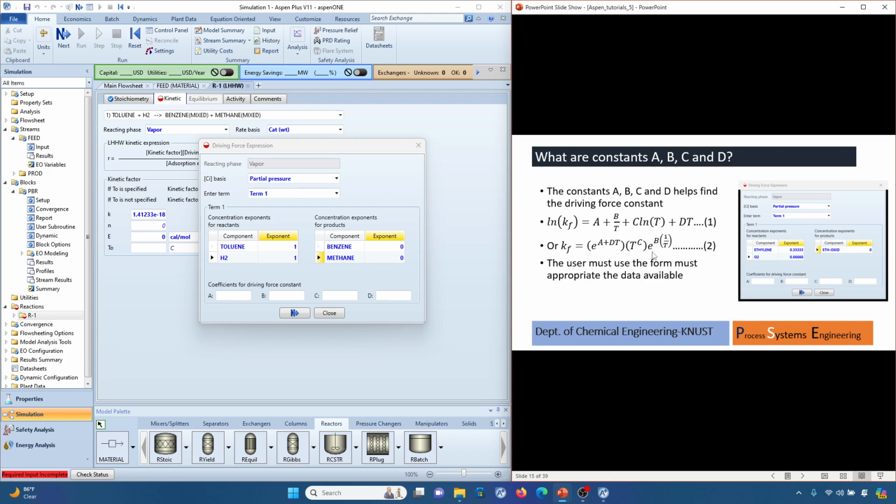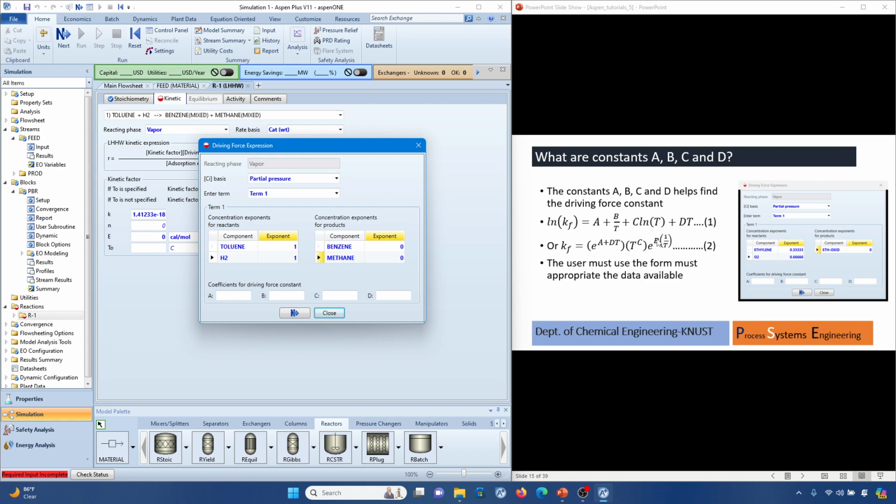But usually it's going to be a value. I could modify this relation to suit a scenario if my constant resembles the Arrhenius form. Then just by specifying C as 0, I eliminate this T term. It becomes 1. I can specify D as 0 as well to eliminate this term, so that e to the power A computes my pre-exponential factor.